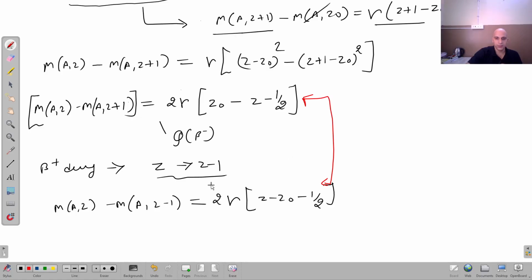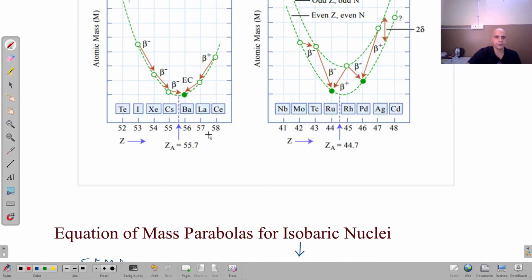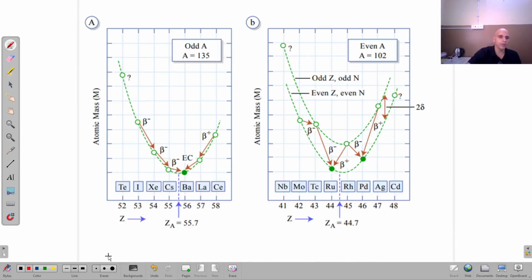You can see here this relation, the parabolic mass relation, that was given here, equation number 6. This was the parabolic mass relation, and it has been plotted here. You can see here it is for odd A. So this is the parabola that you can see.